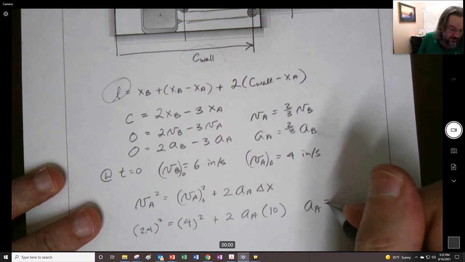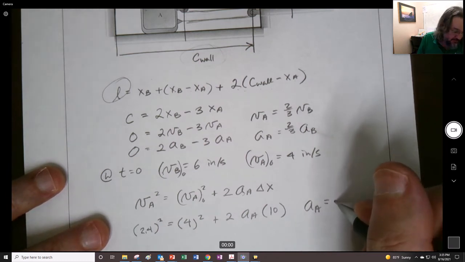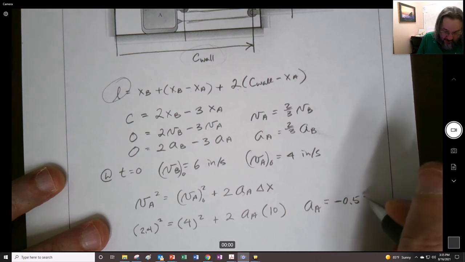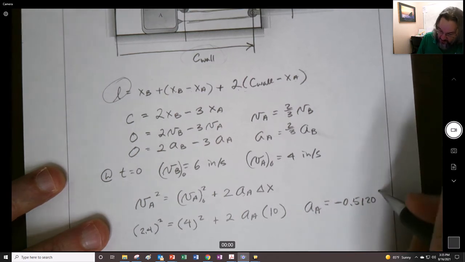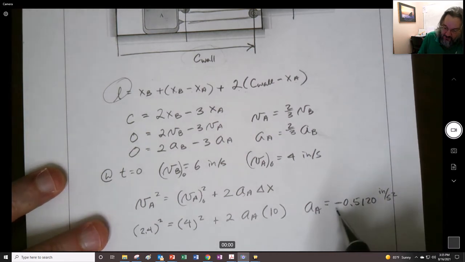We work that out right there, and if I'm correct, I have negative 0.5120 inches per second squared. So that's the acceleration of A.